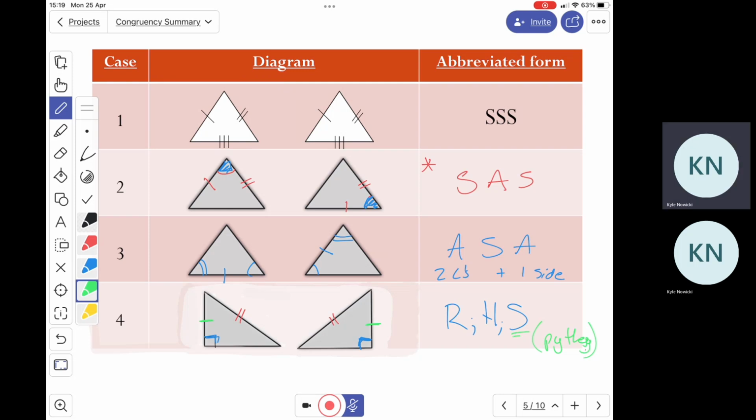So Pythagoras allows us to find out lengths of sides in a triangle as long as it's a right angle triangle. And so we use that basis to prove that these two shapes are going to be the same, right? So we have side, side, side; side, angle, side; angle, side, angle; and right angle, hypotenuse, side, right? Those are the four rules or the four things that we look for.